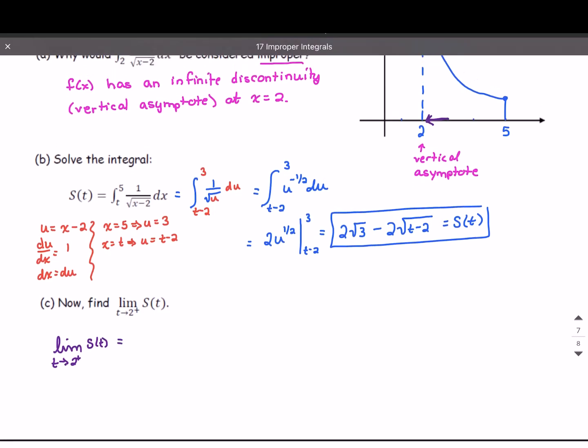So this will give us the limit as t approaches 2 from the right of 2 radical 3 minus 2 square root of t minus 2. If we take that limit, we get 2 radical 3 minus 2 radical 0. And lo and behold, we now have the value of our improper integral.